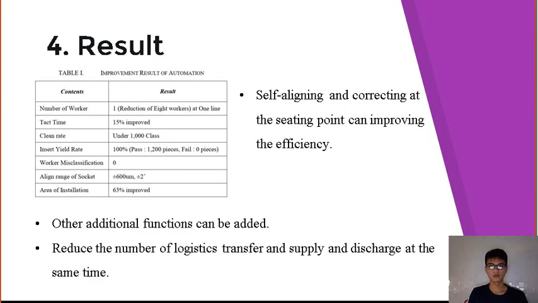Now I'd like to talk about our next slide, the result. In general, to produce a large number of camera modules, several identical lines must be made, which resulted in a reduction of almost 200 workers.